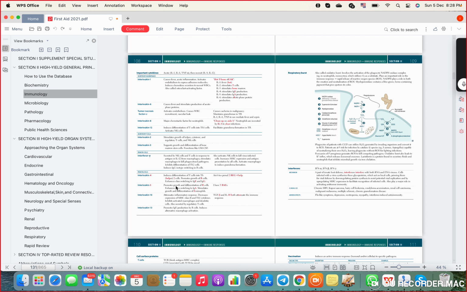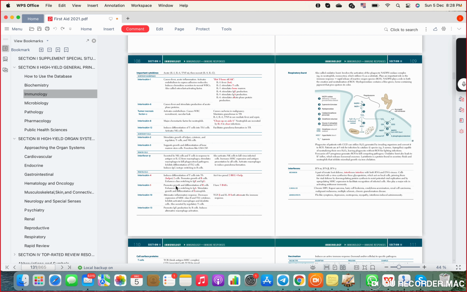Basically, it increases all the stem cells. IL-4 is for IgE and class switching of IgE. IL-5 is for eosinophils and IgA. IL-6 and TNF alpha are basically acute phase cytokines along with interleukin 1.